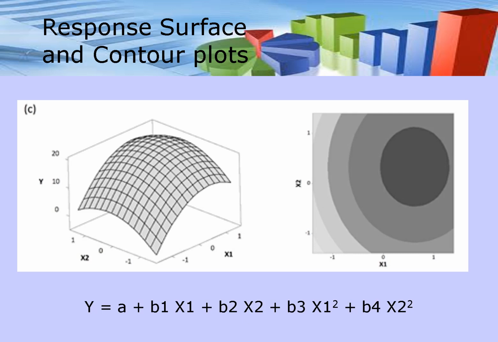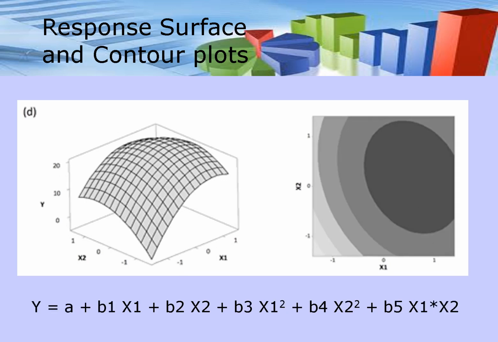The curvature observed in 3D response surface and contour plots indicates that quadratic terms must be considered in the regression equation. The curvature detection is only possible due to the increased number of levels adopted in the optimization designs. Finally, when the response surface shows both distortion and curvature, a complete regression model is required.